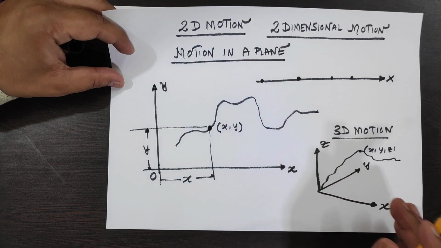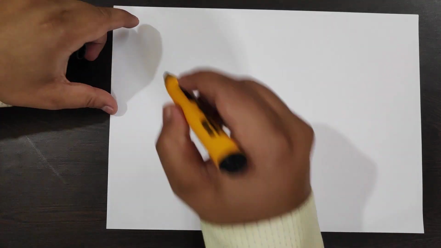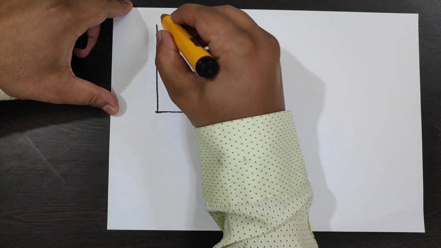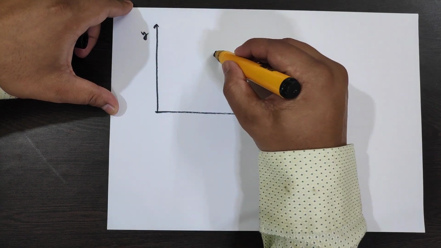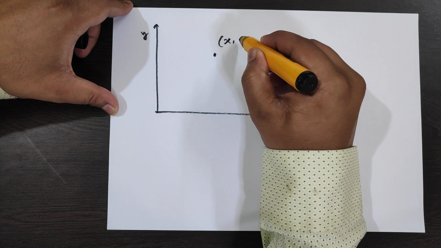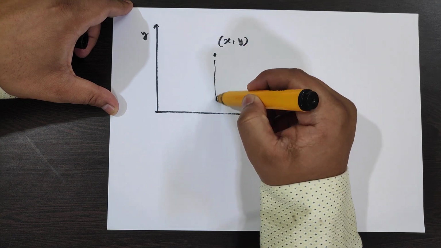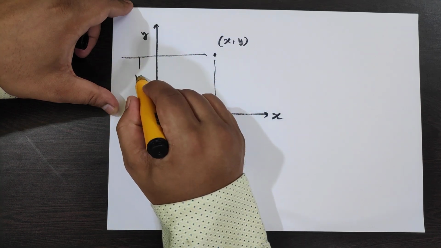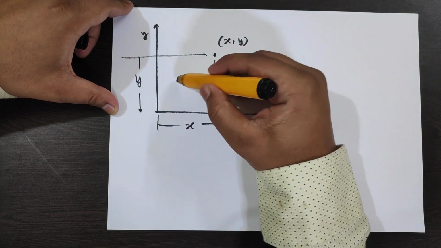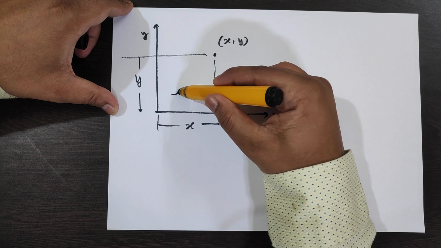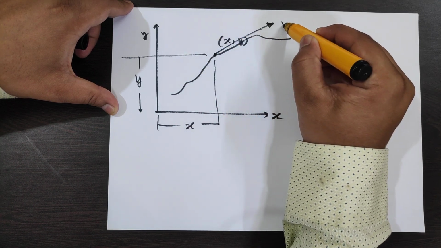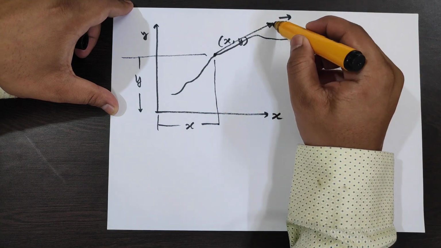Say at a certain time the position of the particle is this, with coordinates x and y. Now say it's traveling in such a path. So this is the velocity vector of the particle, v.